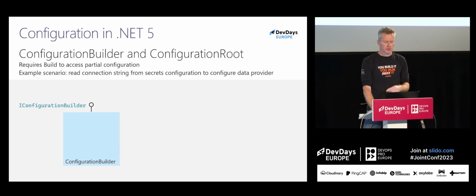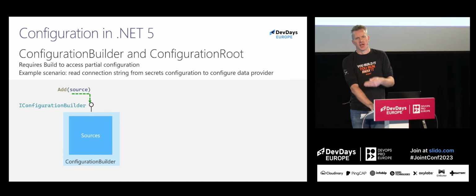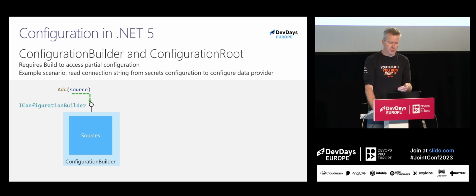Now, another important thing to note is that in the way configuration works in .NET 5, you had this configuration builder, which exposes an IConfigurationBuilder, and you would do something like add Azure Key Vault, add environment variable. So all these sources where your configuration comes from.